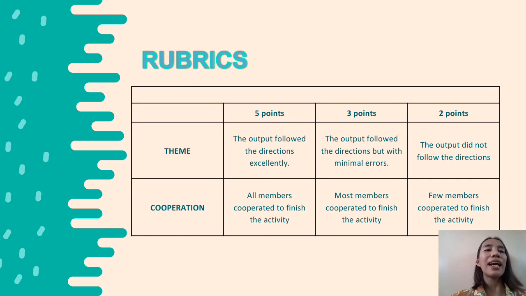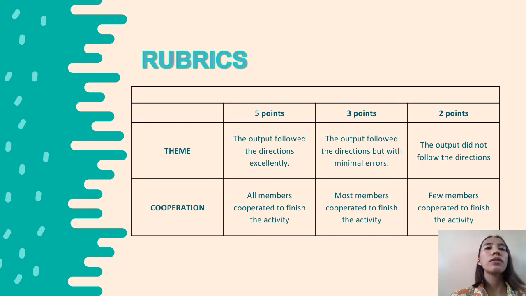Okay, are you done, class? So let's start with group 1. Representative of group 1 is De La Cruz. Okay, very good. Give a round of applause for group 1.